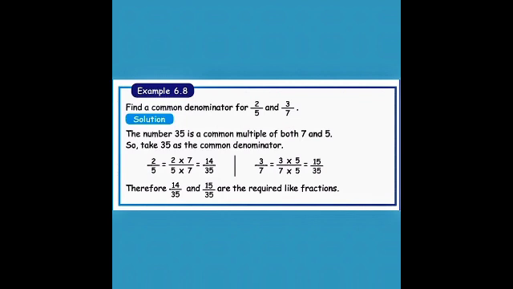If you take 35 as the denominator for both fractions, the first fraction you multiply with 7, the second fraction you multiply with 5. So 2 into 7 is 14, and 3 into 5 is 15. So 14 by 35 and 15 by 35 are the required like fractions. This is one of the ways you can do this.